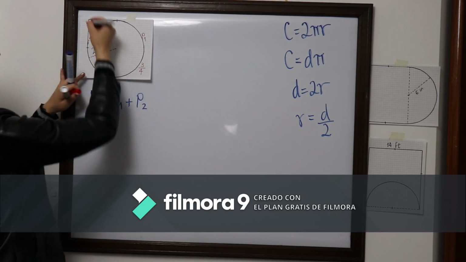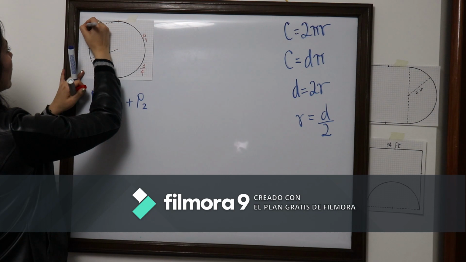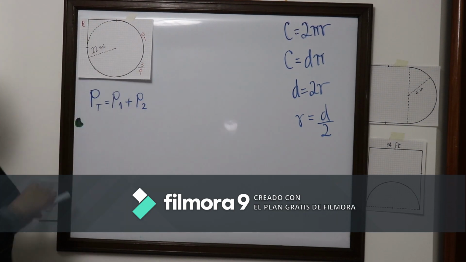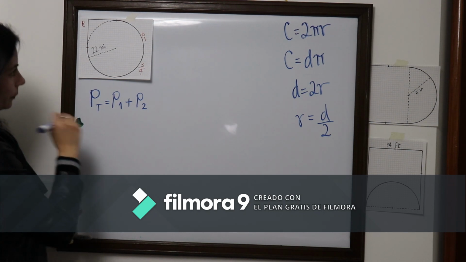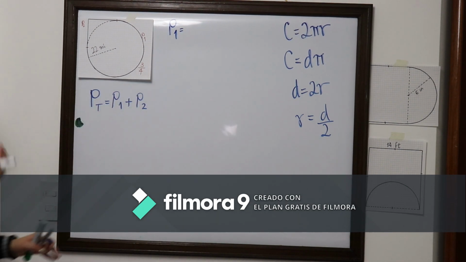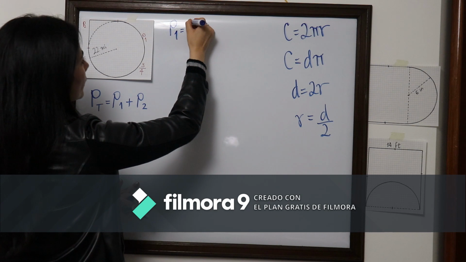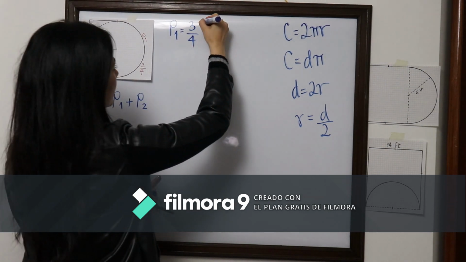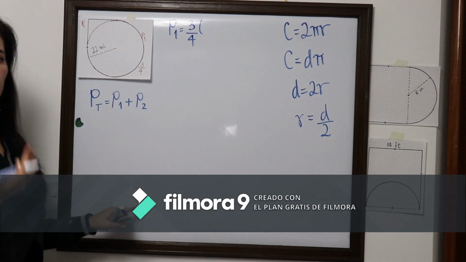And then my perimeter 2 is going to be these 2 straight sides over here, okay? Now perimeter 1, I'm gonna find it over here. Perimeter 1 is nothing but only 3/4. So I need to multiply 3/4 times the formula of the circumference.